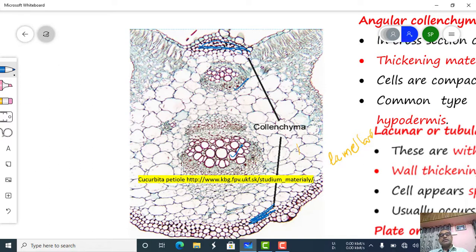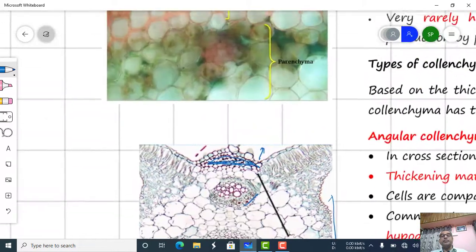At the places where a ridge is present, collenchyma cells are present at the peripheral side. So here collenchyma is present, here collenchyma is present, and the rest of the tissue system is also present in this petiole.